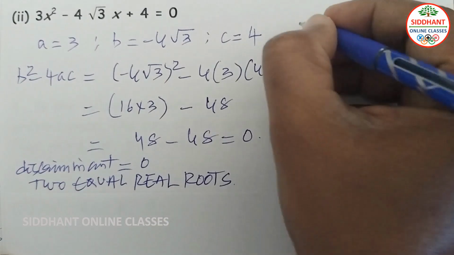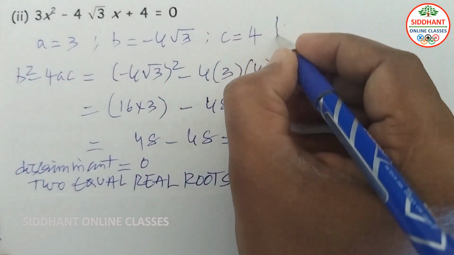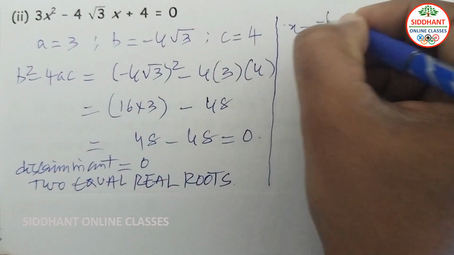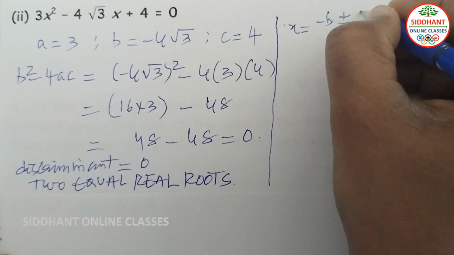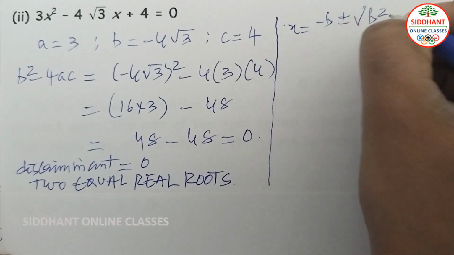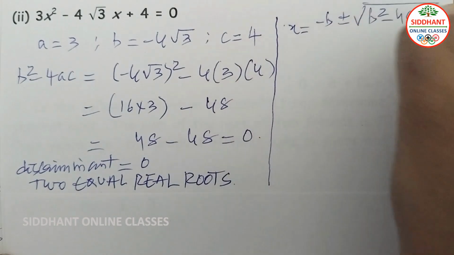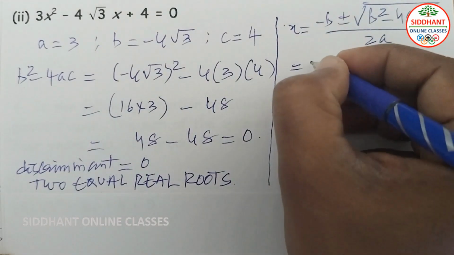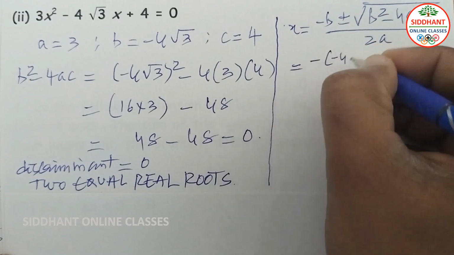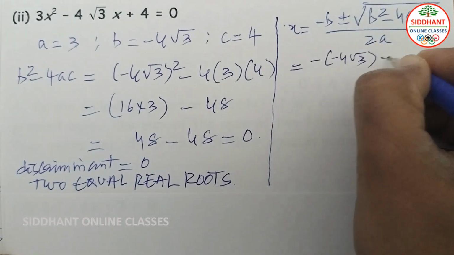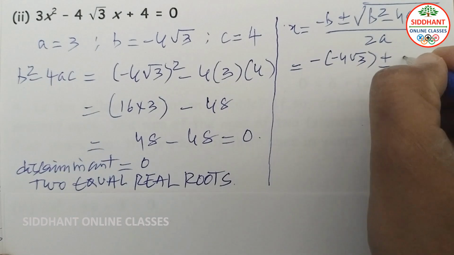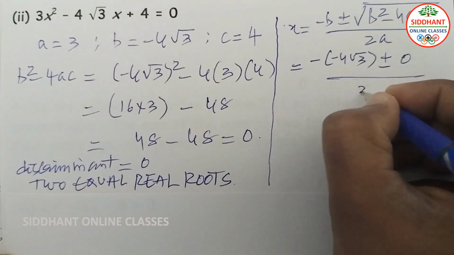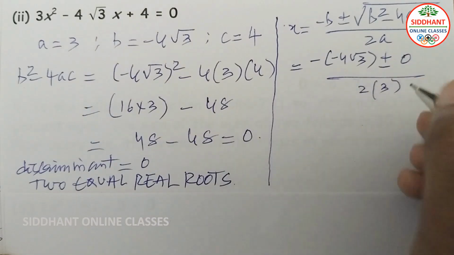So x = (−b ± √(b² − 4ac))/2a. So −b will be 4√3 plus or minus √0, by 2 × 3.